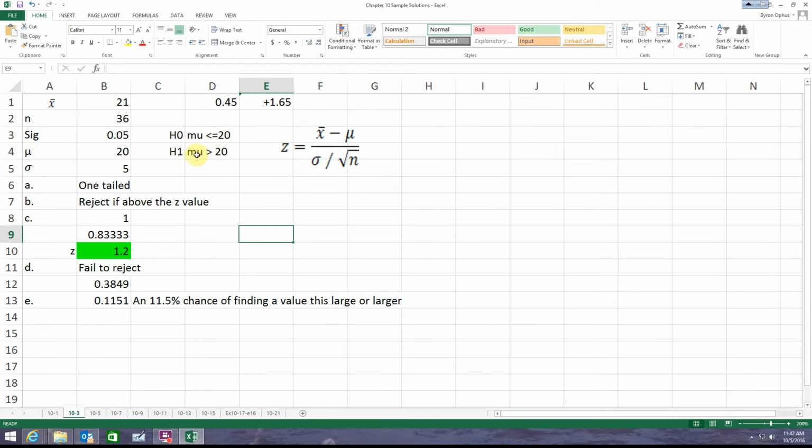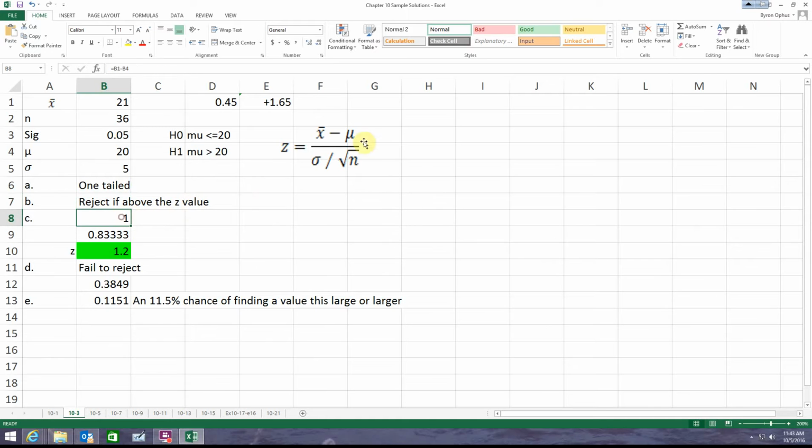So if mu is greater than 20, then it can't be this. So we're going to reject it if it's above. You do however it works for you, but I often say the decision rule is to reject if the null hypothesis is not reasonably true. So reject if we're above the z value, greater than.